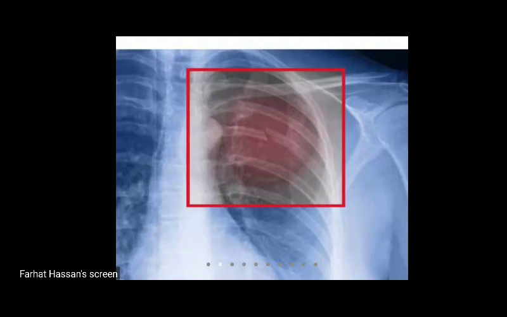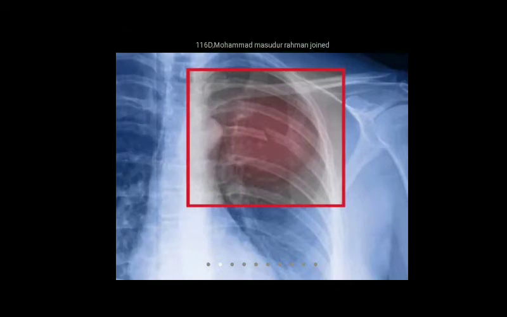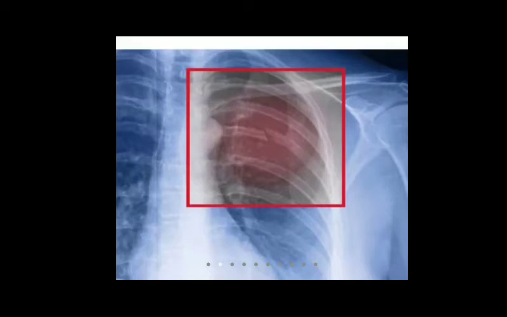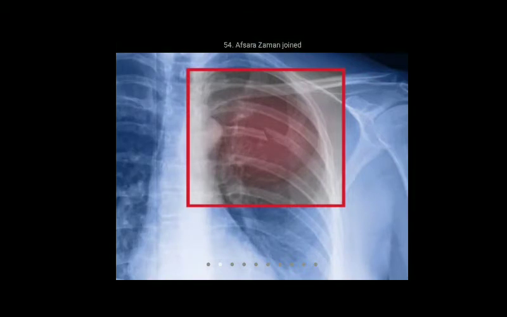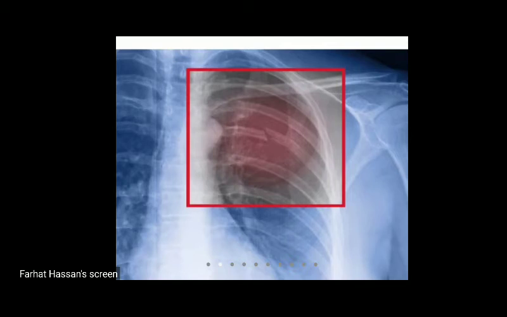It is a triangular space in the chest wall that is bounded anteriorly by the anterior border of pectoralis major, posteriorly by the anterior border of latissimus dorsi, and the base is formed by the fifth intercostal space, at the level of the nipple.